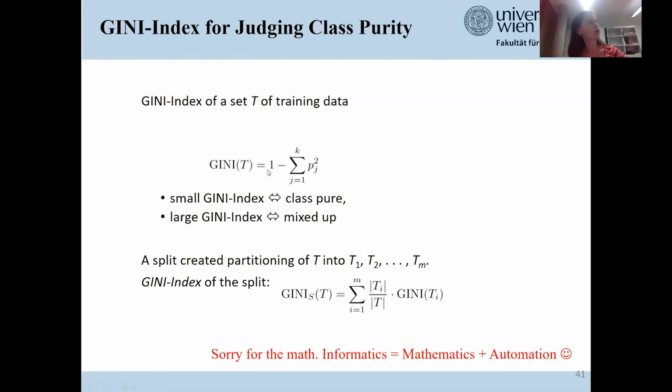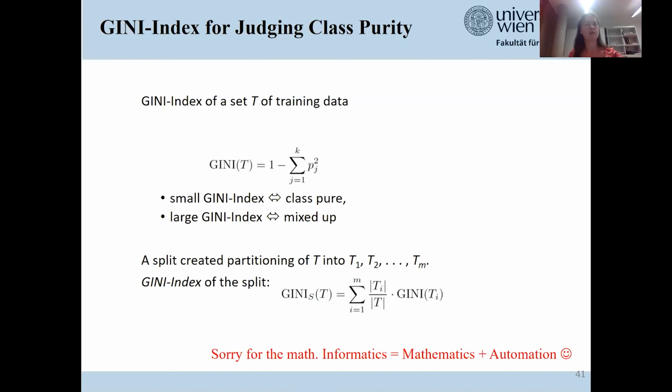So 1 minus 1 equals 0 in the case of a maximally class pure data set. And when you have a large Gini index, you have a mix of all classes. And now we can also evaluate a split. A split creates a partitioning of our training data into some subtrees.